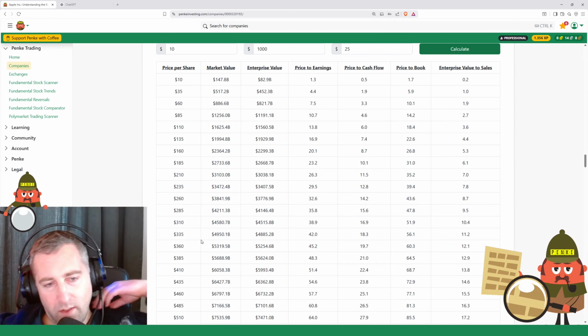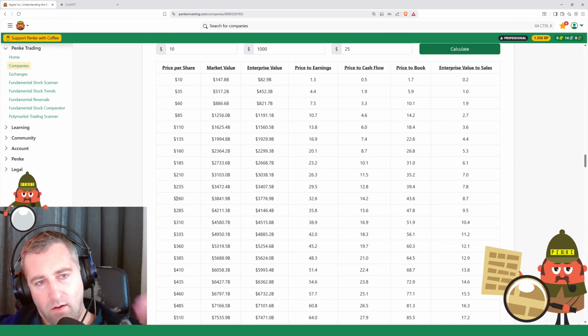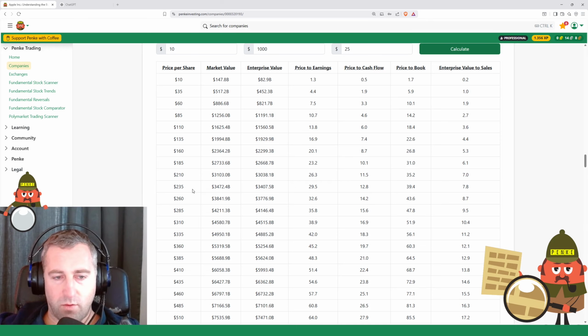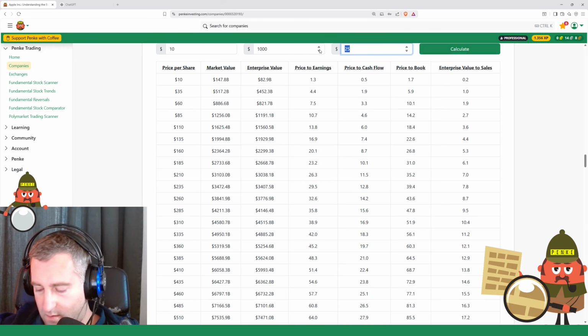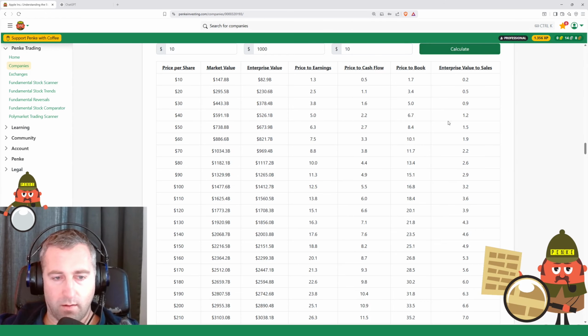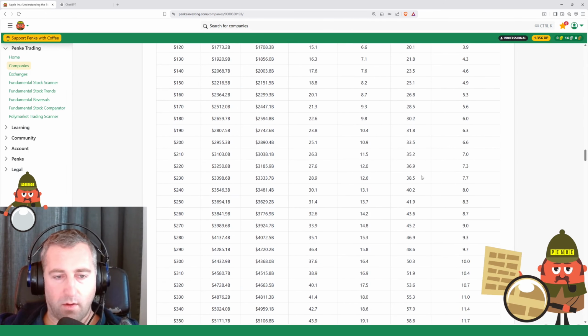And we know it's around 250 now, so we can make the step $10. So let's assume we are now at $250. The stock price is $250.